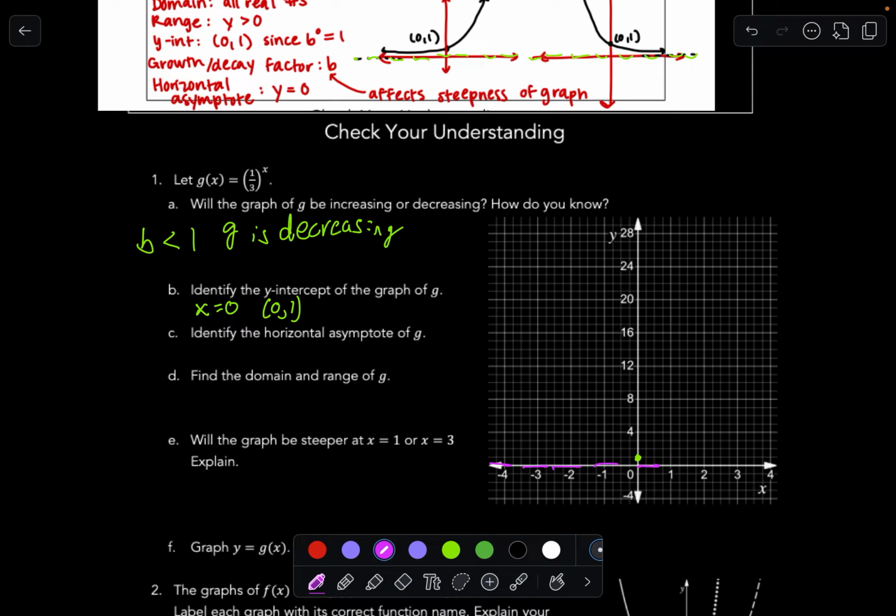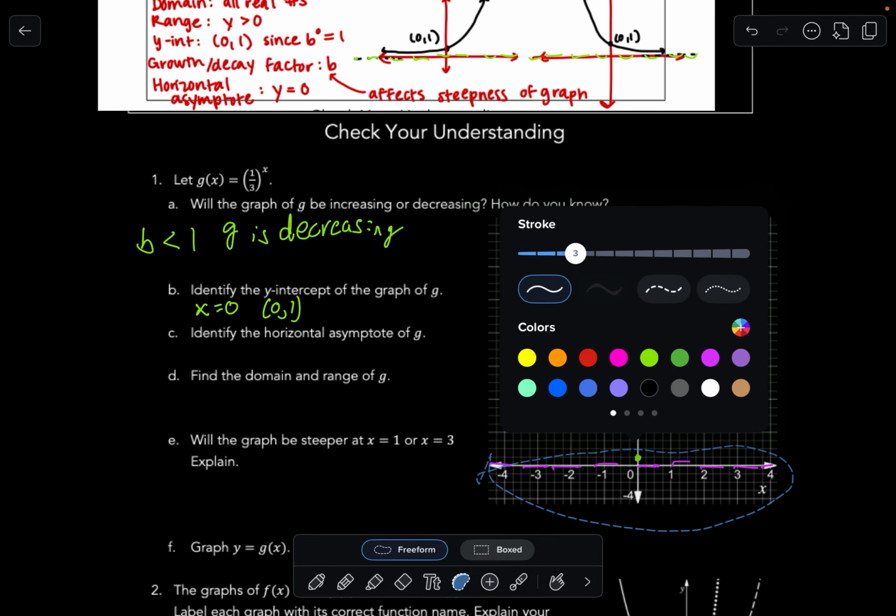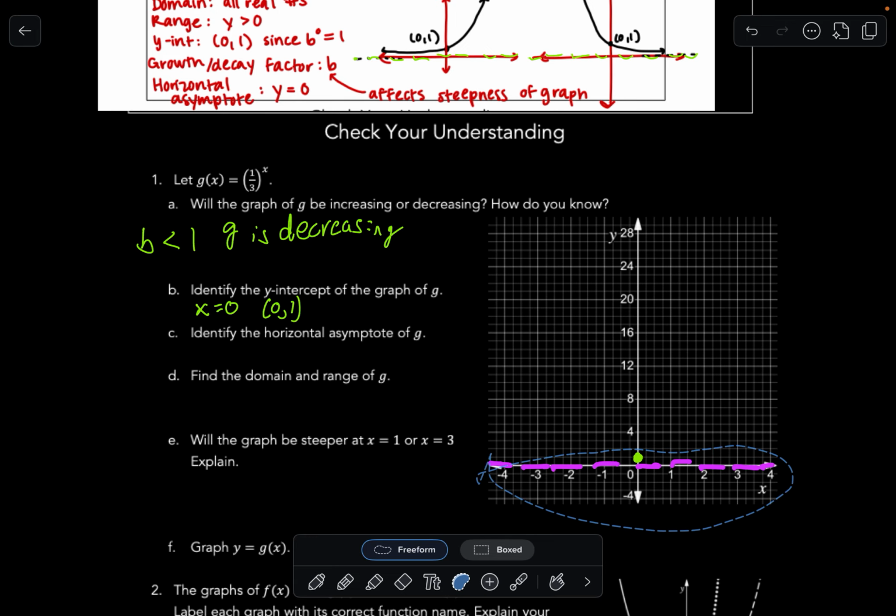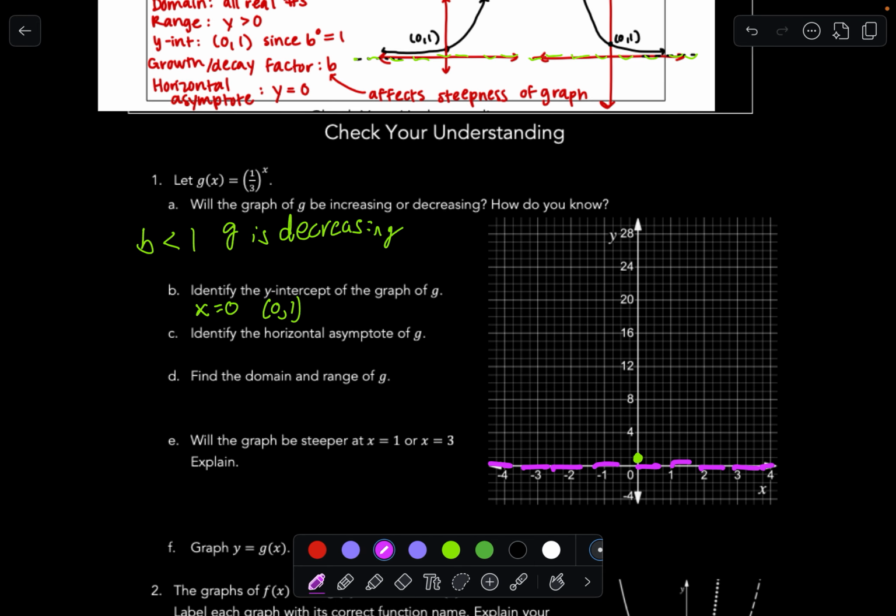I'm going to make it bigger by circling it and increasing the font size. So the horizontal asymptote is y equals 0.